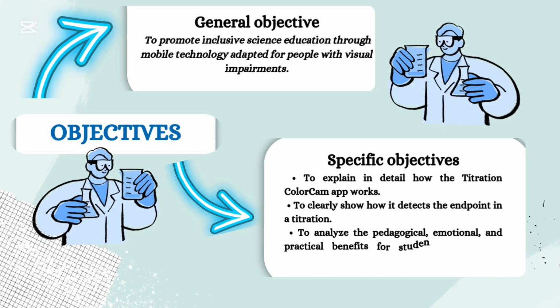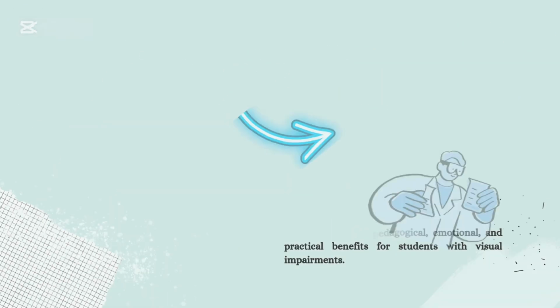Specific objectives: to explain in detail how the Titration ColorCam app works, to clearly show how it detects the endpoint in a titration, and to analyze the pedagogical, emotional, and practical benefits for students with visual impairments.